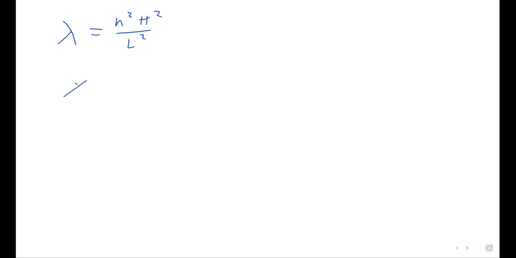So our x is going to be something times our sine of n pi x over L. And now our t of 0 is 0.